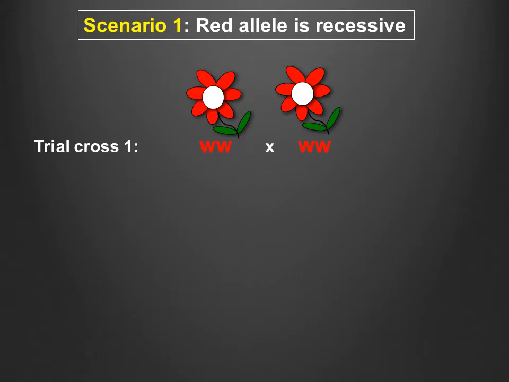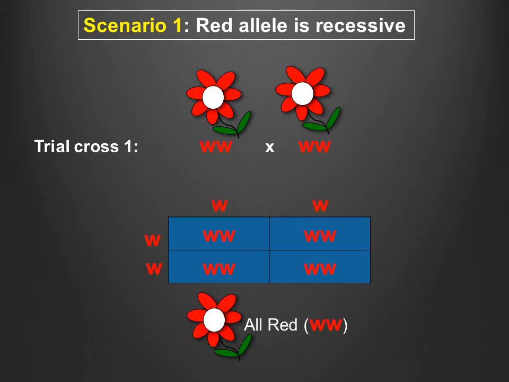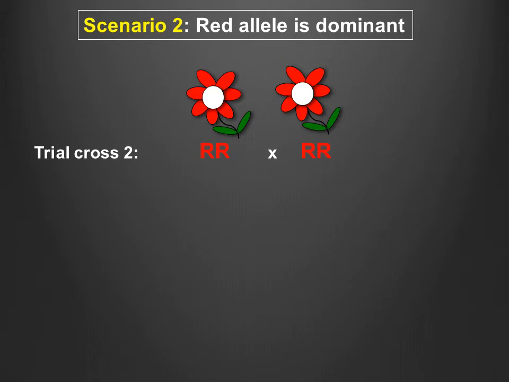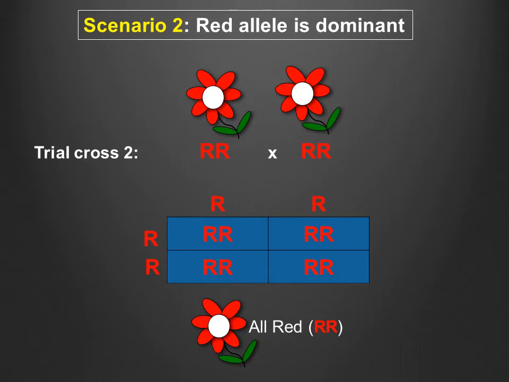In the scenario that the red allele is recessive, crossing two red-flowered plants would produce offspring that are all red-flowered. In the scenario that the red allele is dominant, first we begin with a cross of two homozygous dominant plants, and we see here that this cross would again produce offspring that are all red-flowered.